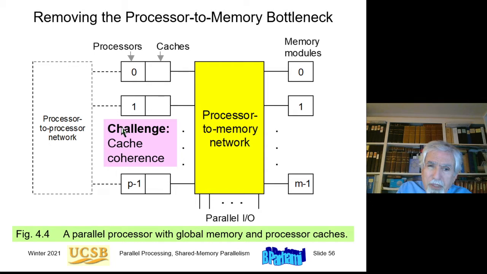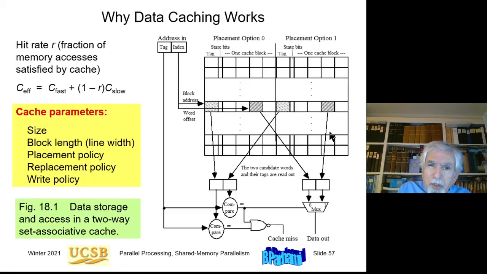Okay, but assuming that we can solve that coherence problem, and we'll talk about some methods shortly, then this is a very good idea to reduce the traffic through the processor to memory network.